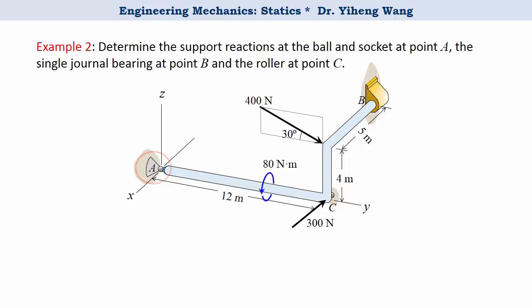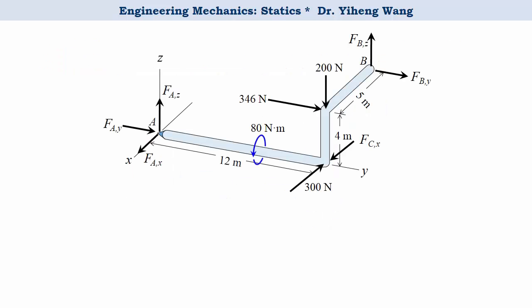And we know that the roller support exerts a force reaction only perpendicular to the contacting surface. And since this journal bearing is used in combination with the other supports, it only exerts force reactions along the y and z axis. Therefore, we note all forces and moments acting on the member, and we have 6 unknowns.